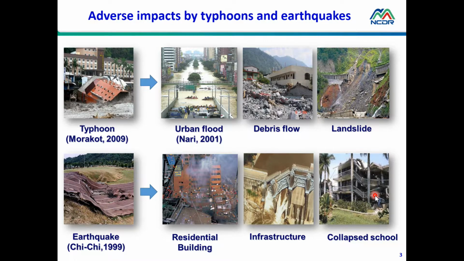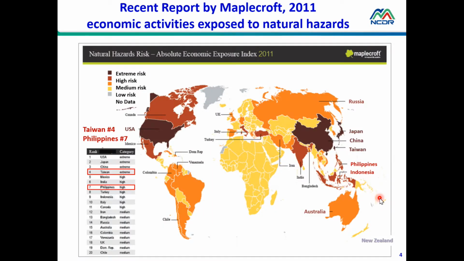If you have a chance to visit Taiwan, I can show you this school. Actually, this picture and this picture are in the same school. Now we preserve this collapsed junior high school as a museum to remind people about the power of earthquakes.